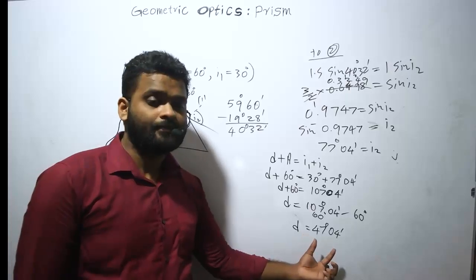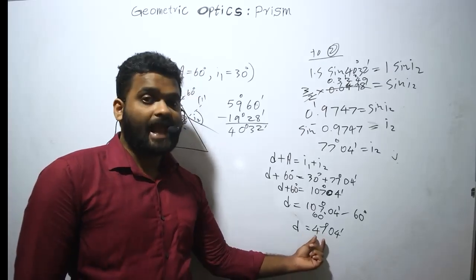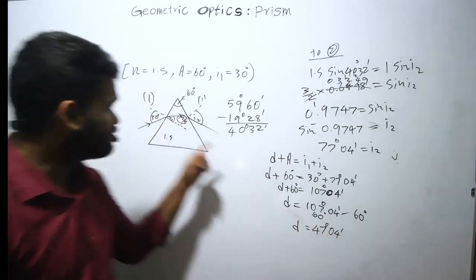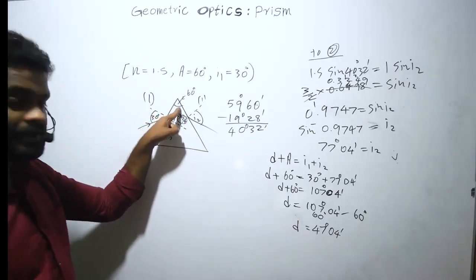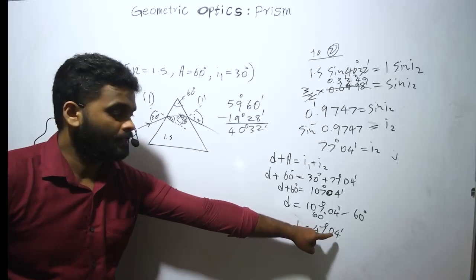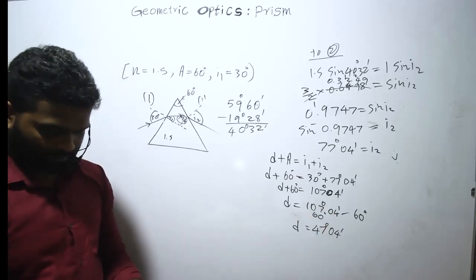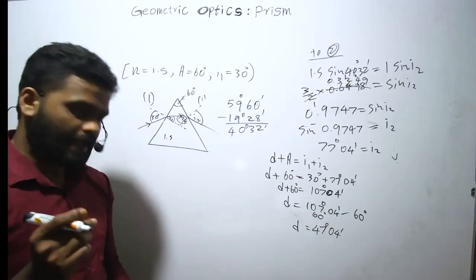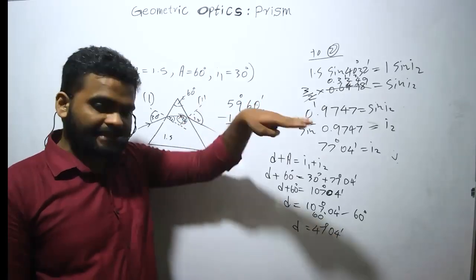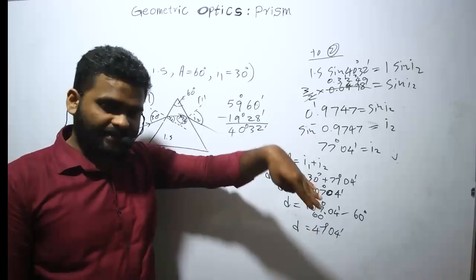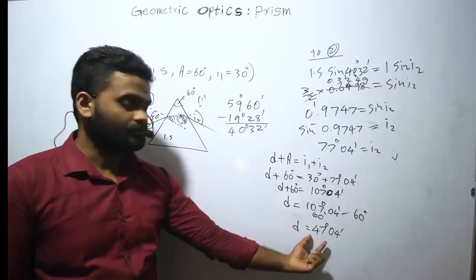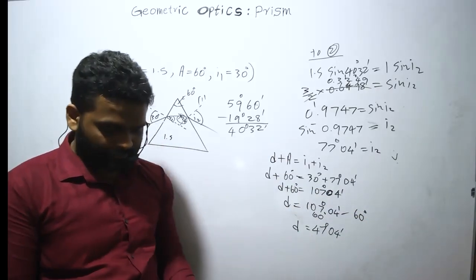So this is the total angle of deviation. Remember what you get here? That is 47 degrees 4 minutes. So that is how you find the angle of deviation. That is the total amount that the ray has deviated as it emerges. So we found that, right?